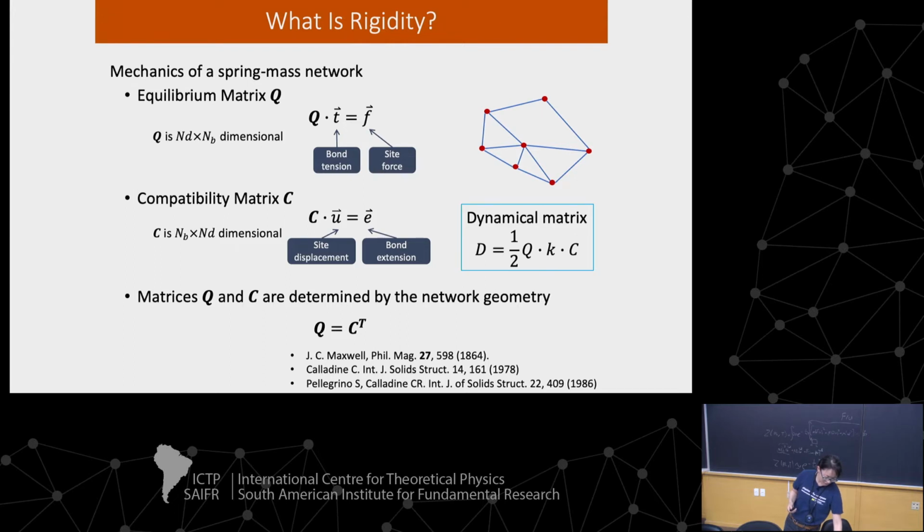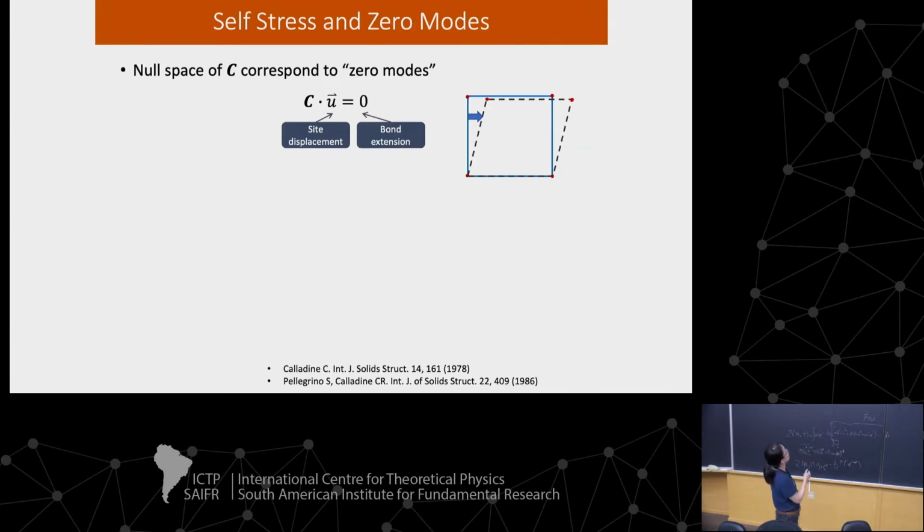The concept we mainly are going to use is the null space of the C matrix. The null space of the C matrix are all of the zero modes. If you have a vector where C dot this vector is 0, it is a zero mode.